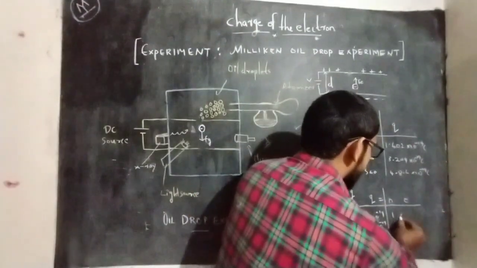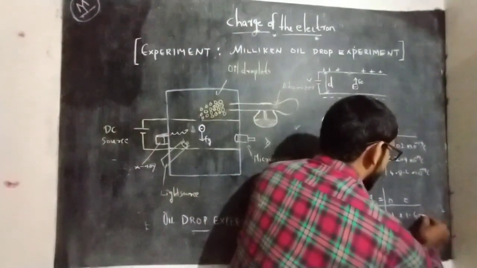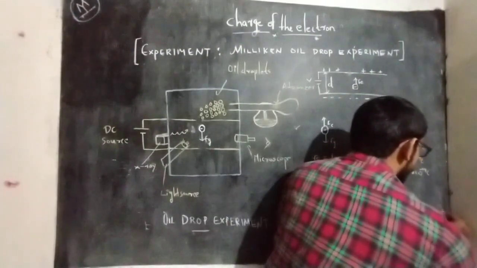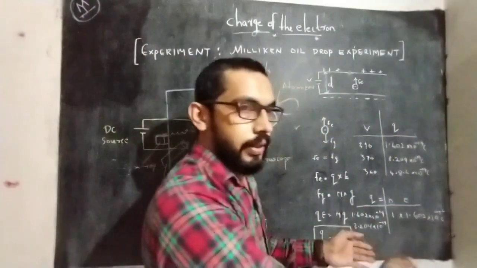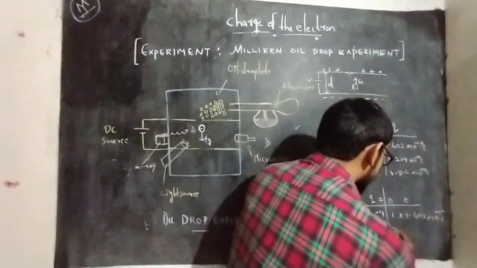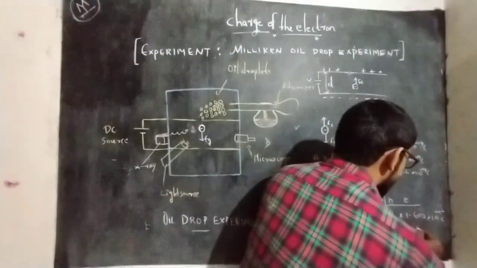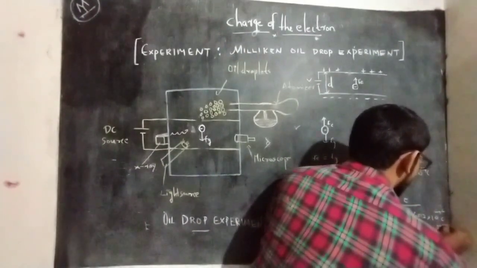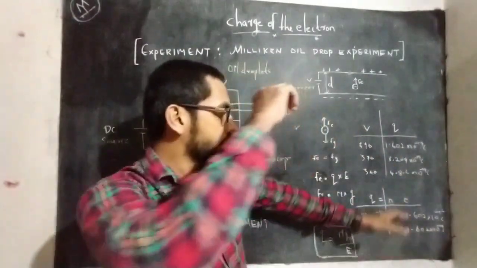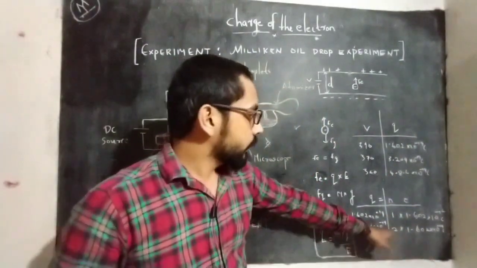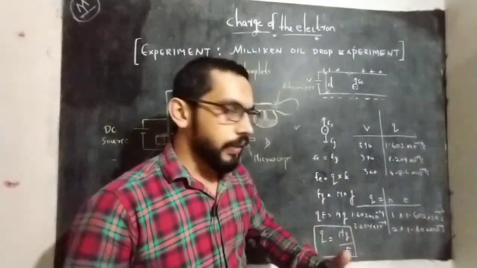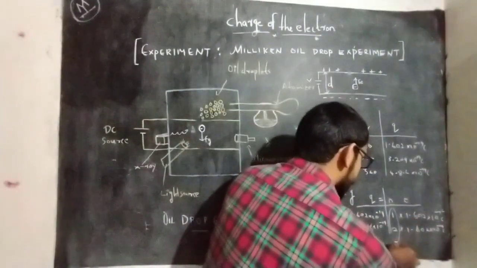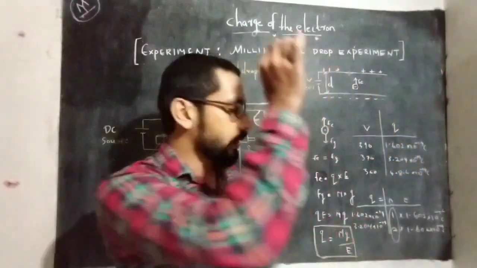This is 1 into 1.602 into 10 raised to the power of minus 19 coulomb. The second one we can write as 2 into 1.602 into 10 to the power of minus 19 coulomb, and so on. So what we can understand from here is that N is a whole number.